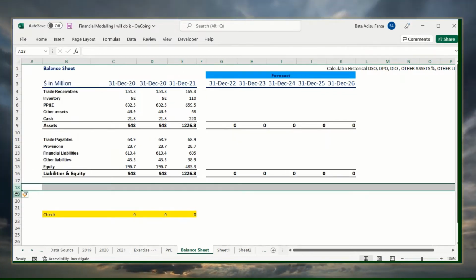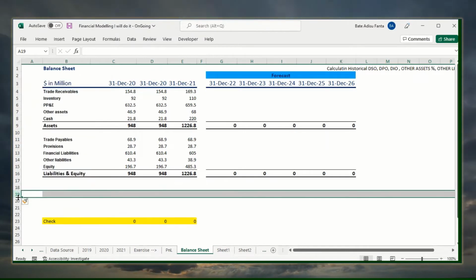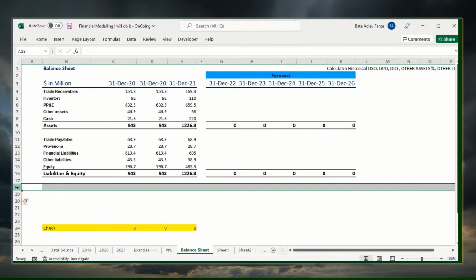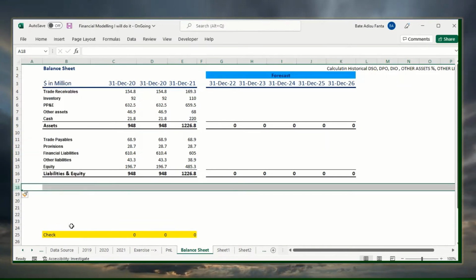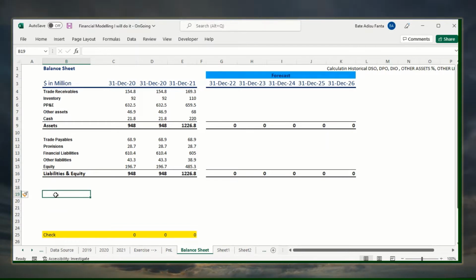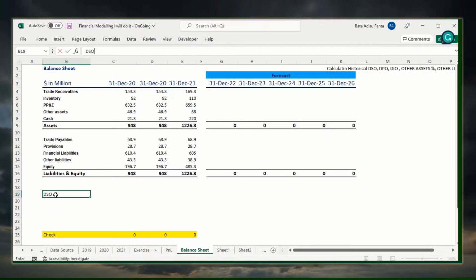I need more blank rows here. Here we go. I think this is enough. I start from here. First, DSO.